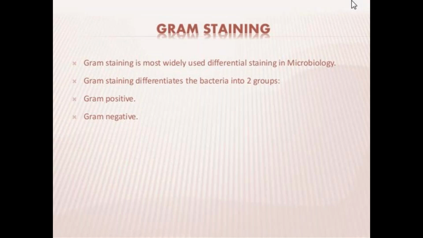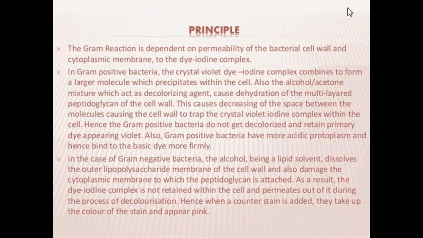Here, gram staining mainly differentiates the bacteria into two groups, and based on the structural components only, these two groups are differentiated. That gives the gram positive ones and gram negative ones, and these can be differentiated by using the gram staining technique.